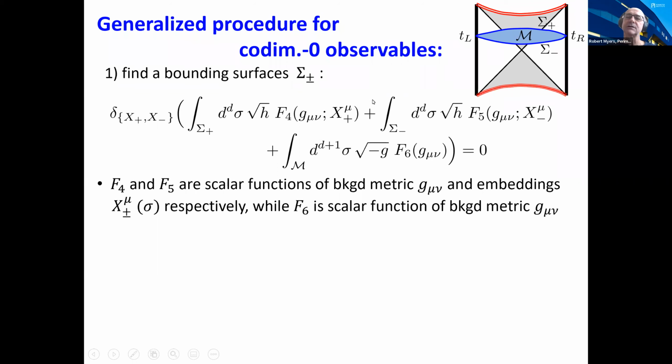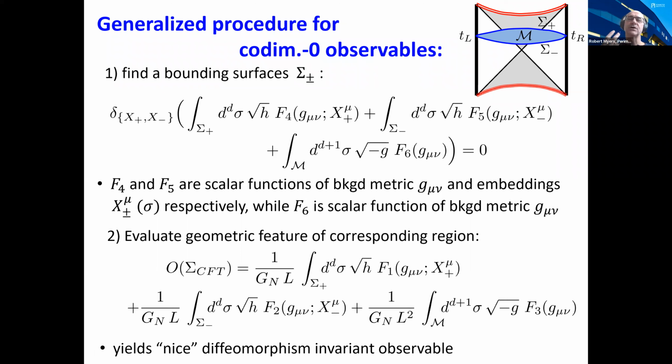In particular, to extremize or to find a special region, I can evaluate some scalar on the top, another on the bottom, and I can also include some scalar or geometric functional that I evaluate on the interior, on the region itself. What I'm going to do then is extremize the embedding functions for the top and the bottom, and that's going to identify special surfaces, special boundaries, and pick out a nice region of the space-time.